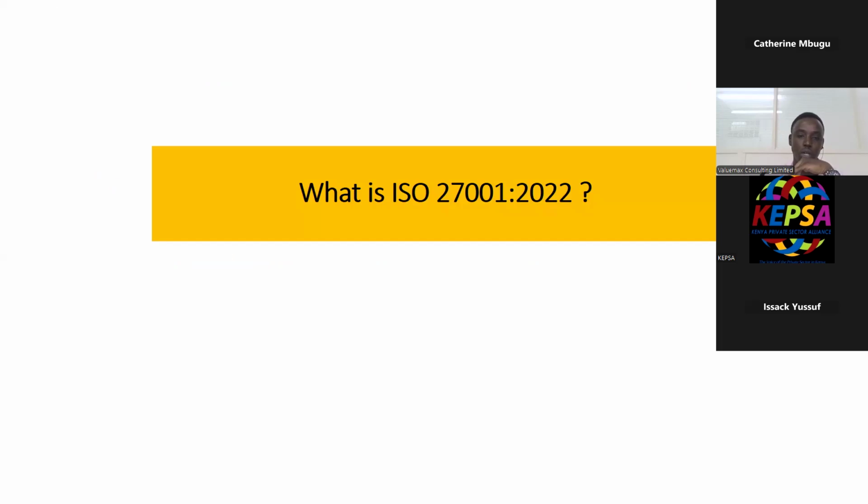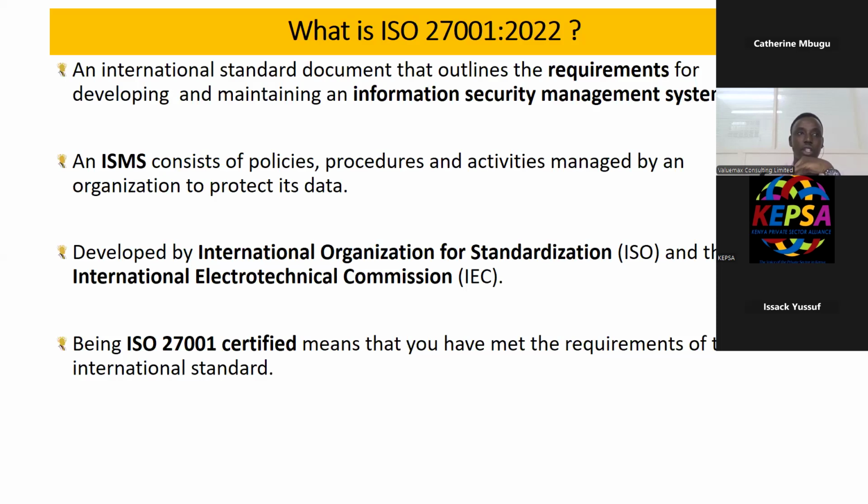This is a document, about a 40-page document, that outlines the requirements for maintaining an information security management system. This information security management system is a structure, a foundation for managing your information security activities.